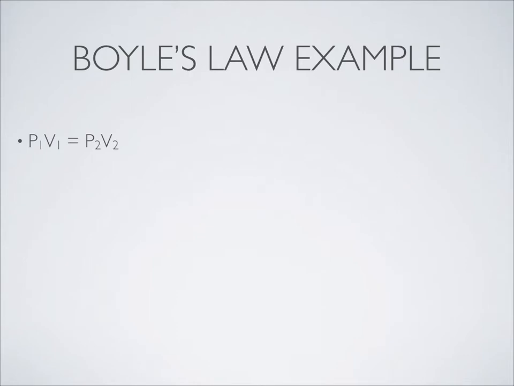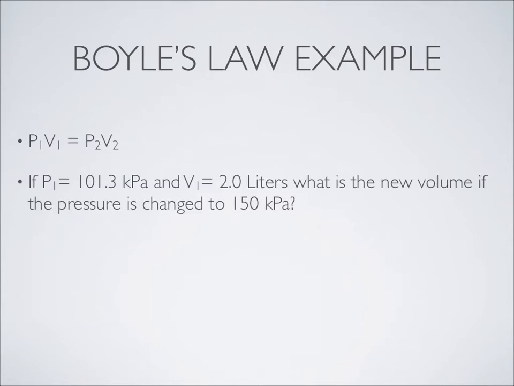If we want to use Boyle's law to solve problems, we would set it up like this: our initial pressure and volume is going to equal whatever we change it to. So P1V1 equals P2V2. Let's say we've got an initial pressure of 101.3 kilopascals and volume of 2 liters. What's the new volume if we change the pressure? As we go through this, you'll see a lot of different problems.